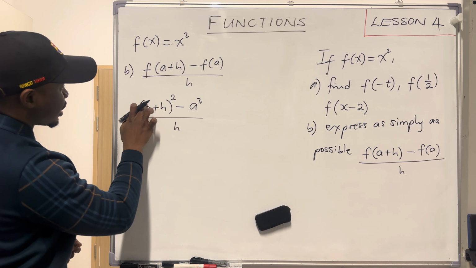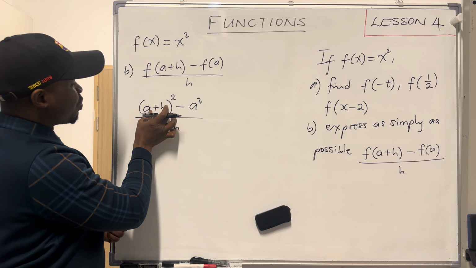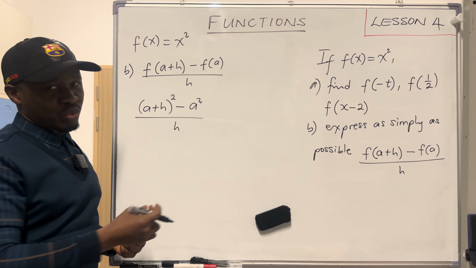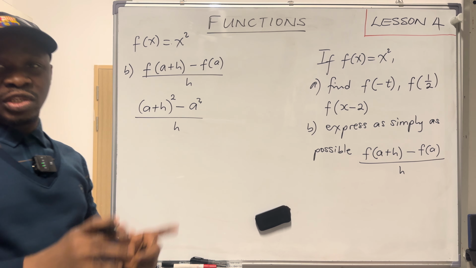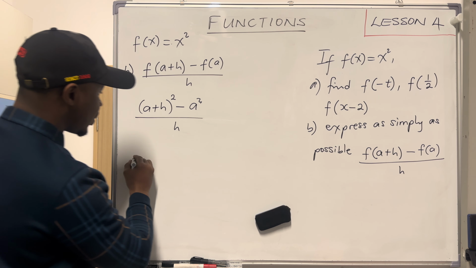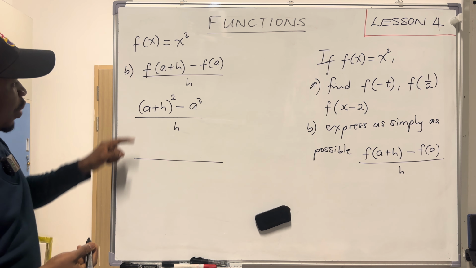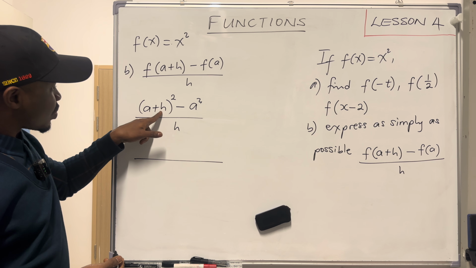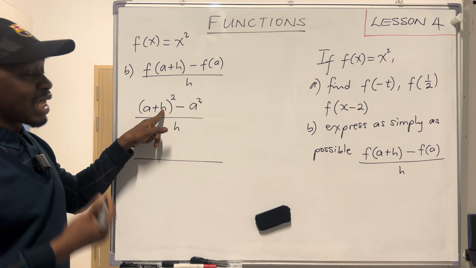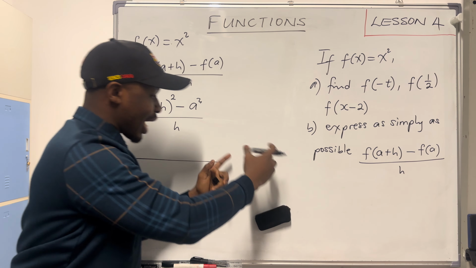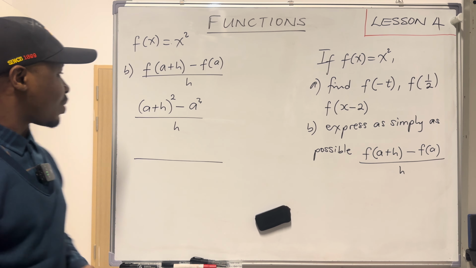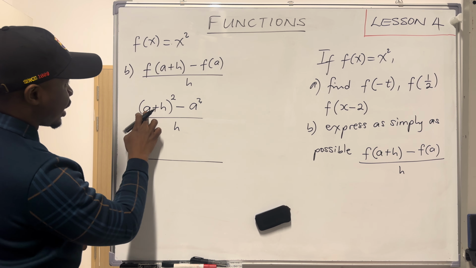If you expand this, try to know how we expand when the power is 2. We don't need to rewrite the bracket twice. Let me guide you how to do it. When you have two terms in an expression, we can say the expression is a binomial. If the power is 2, let's see how we do it without rewriting. You take this one, you say a squared.